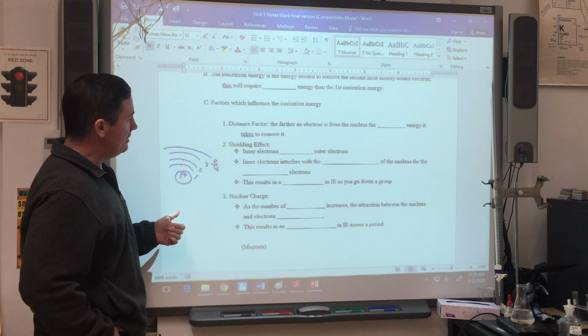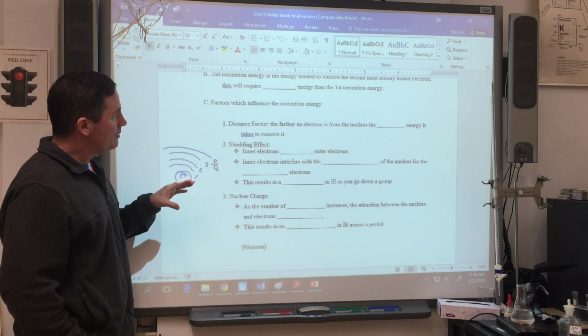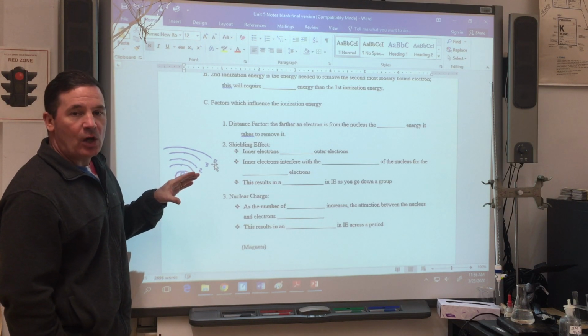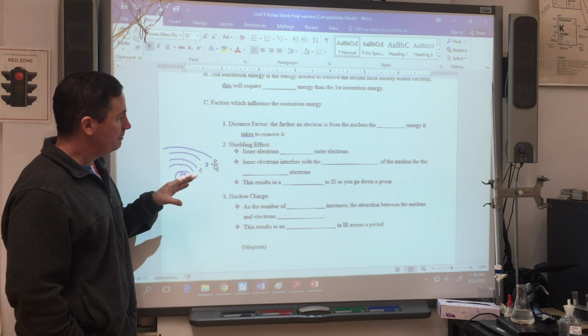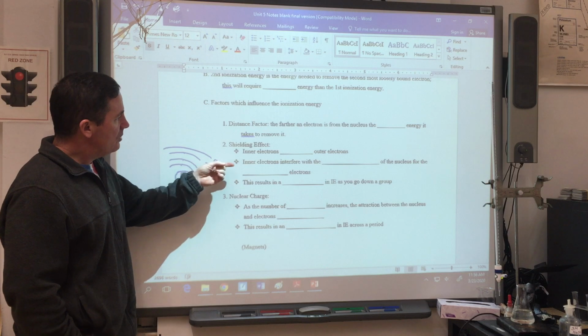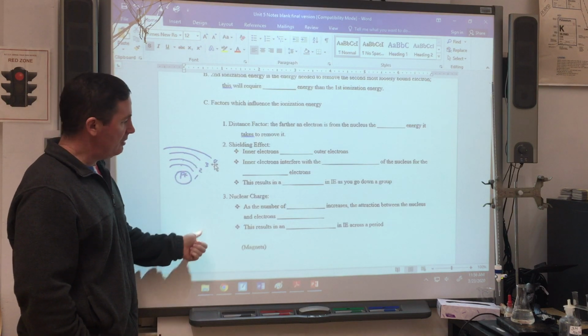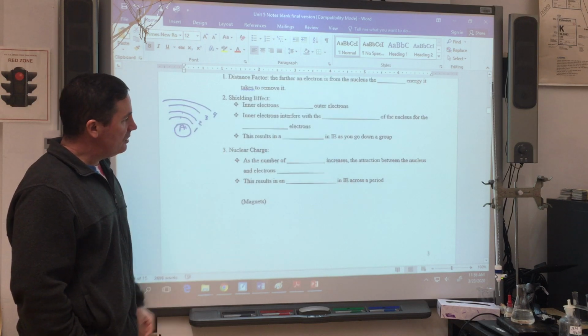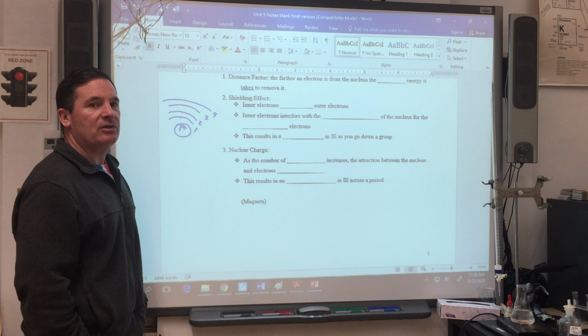Okay? So the trends are, the bigger the atom, the lower the ionization energy, the easier it is to pull an electron off. The more PELs, the easier it is to pull electrons off. And the greater the number of protons, the greater the pull on the electrons.